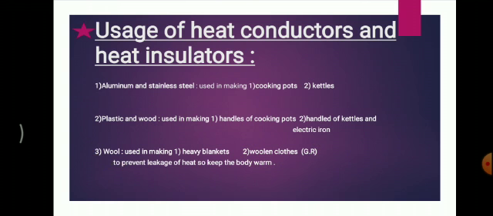Why? Because wool is a bad conductor of heat, so it prevents the leakage of heat from your body to outside and keeps the body warm.